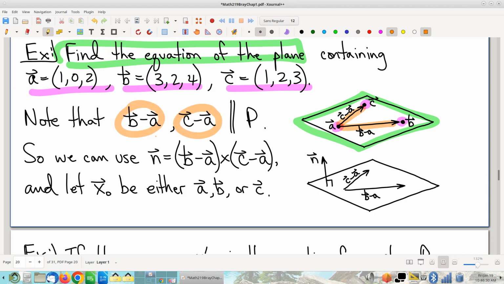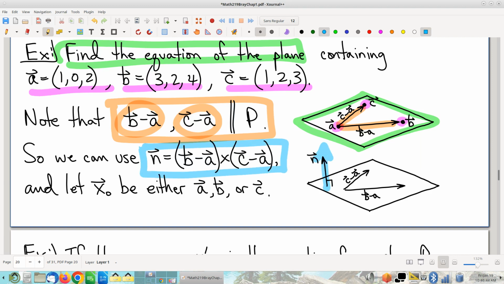Notice that those two difference vectors are parallel to the plane, and because these two difference vectors are parallel to the plane, I can conclude that their cross product must be perpendicular to the plane. That's a geometric appeal, right? If a vector is perpendicular to two vectors parallel to the plane, then where is it going to go?